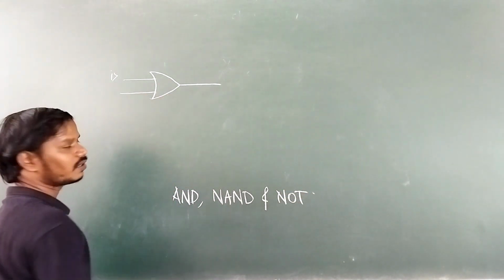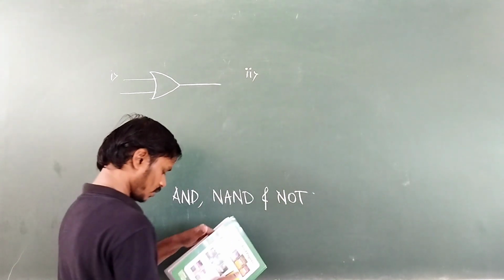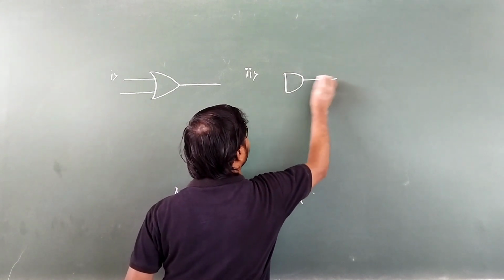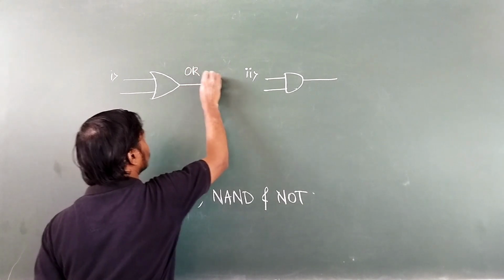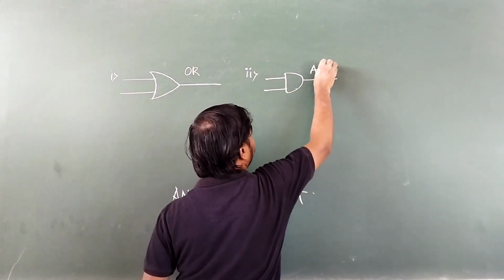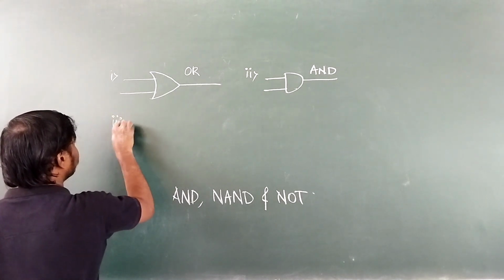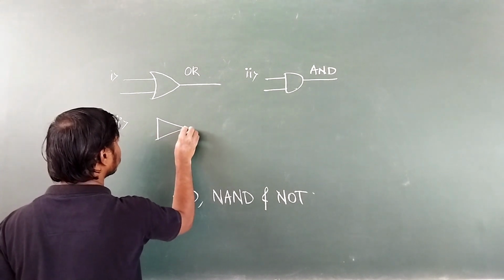So the first one is an OR gate. Now the second one, which type of gate is it? It is an AND gate. This is OR, this is AND. The third one is a NOT gate.